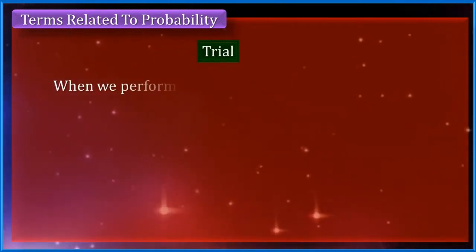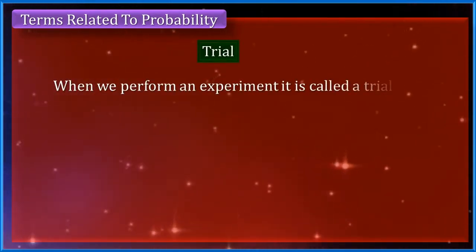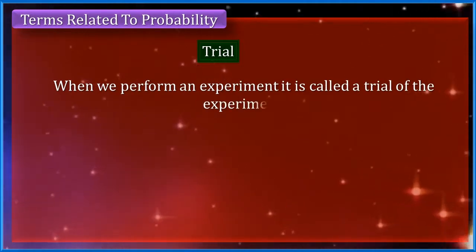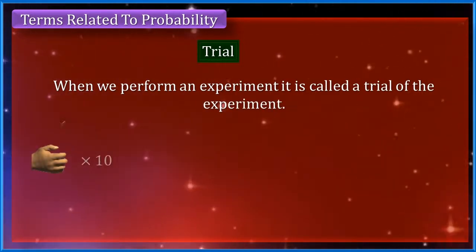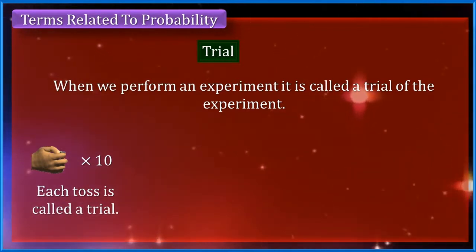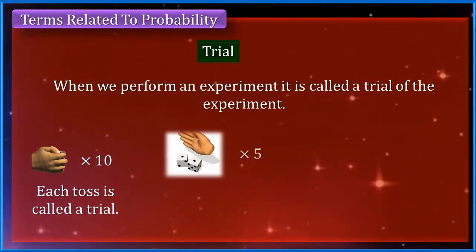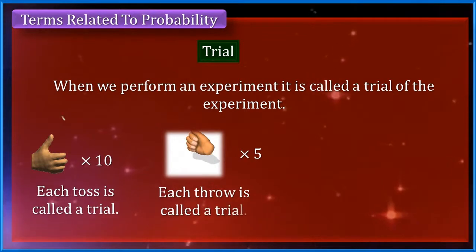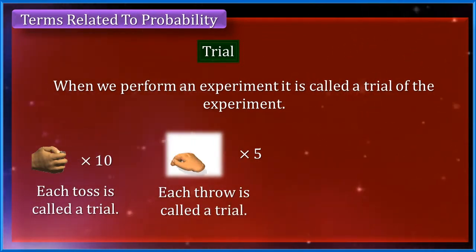Terms related to probability. Trial. When we perform an experiment, it is called a trial of the experiment. For example, if a coin is tossed 10 times, then each toss is called a trial. If the die is thrown 5 times, then each throw is called a trial.